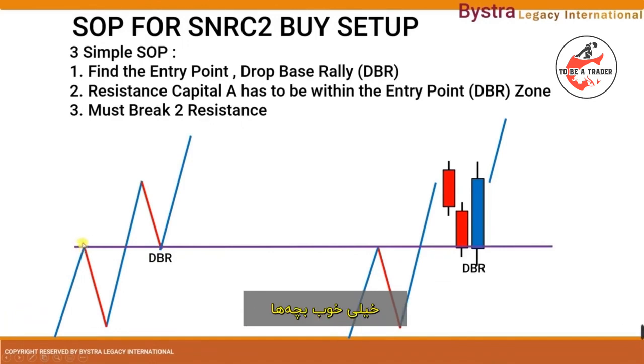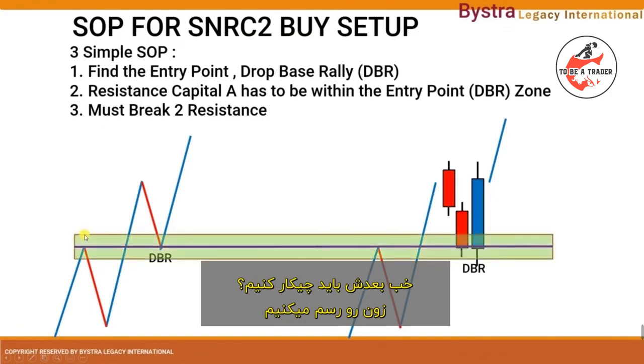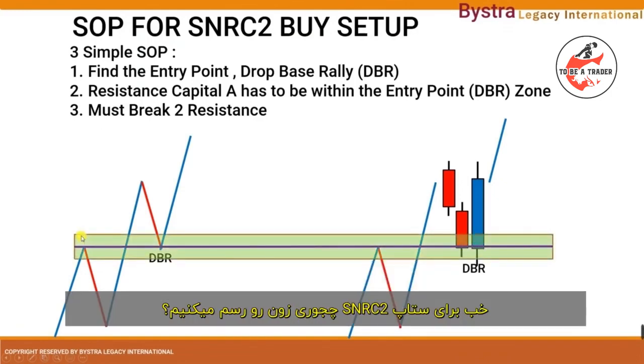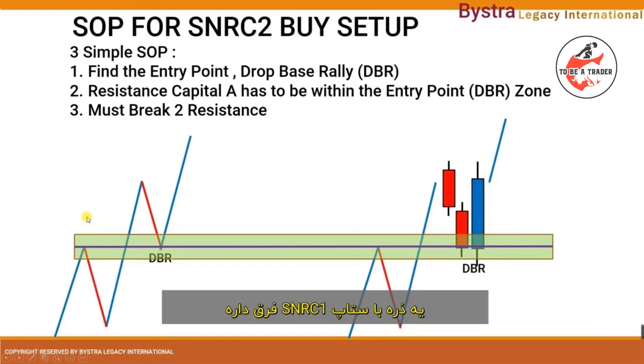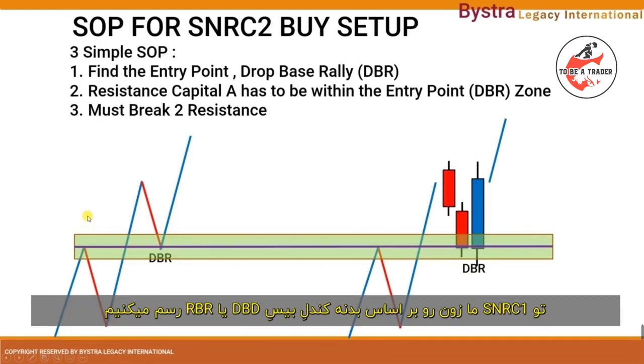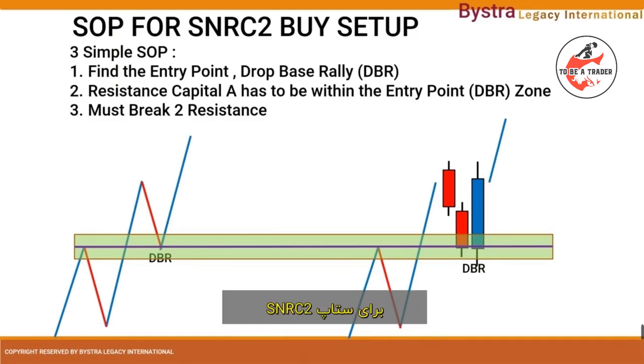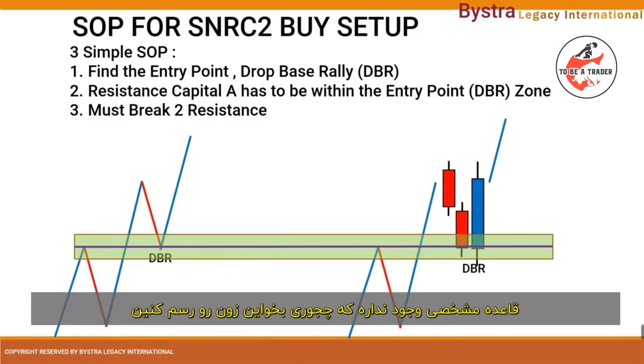Very good, guys. So next, what should we do? We mark the zone. For this SNRC2, how do we mark the zone? It is a little bit different from the SNRC1. The SNRC1 will mark the zone according to the body base of the drop base drop or the rally base rally. For SNRC2, there is no specification of how you want to mark the zone.